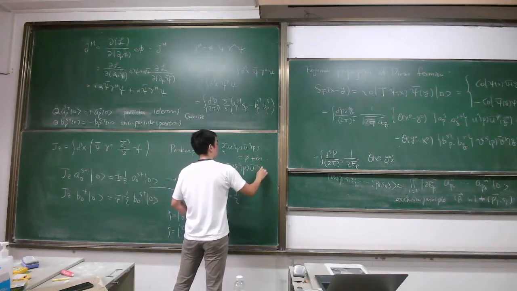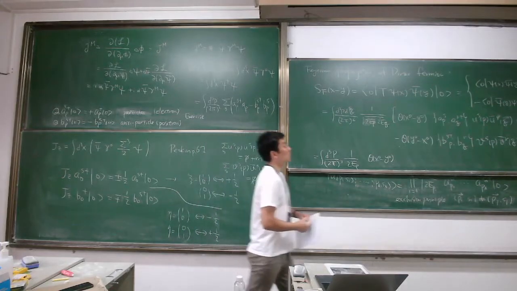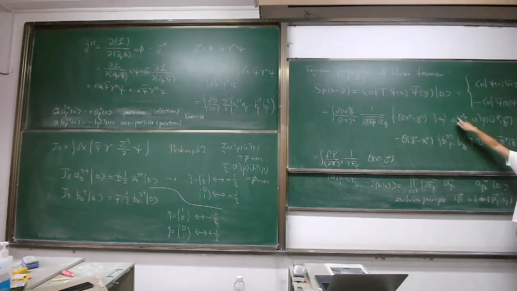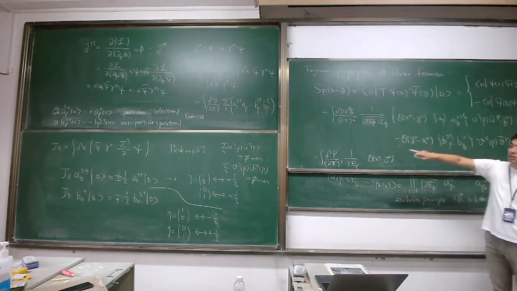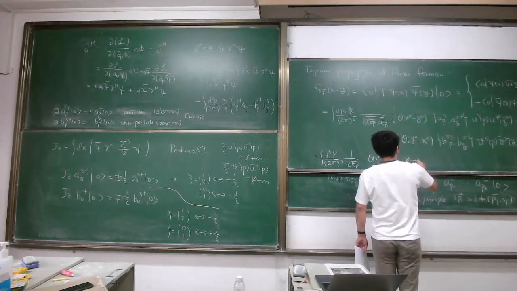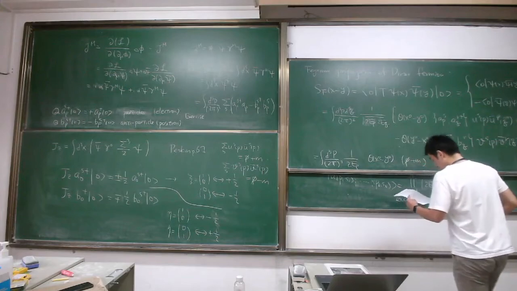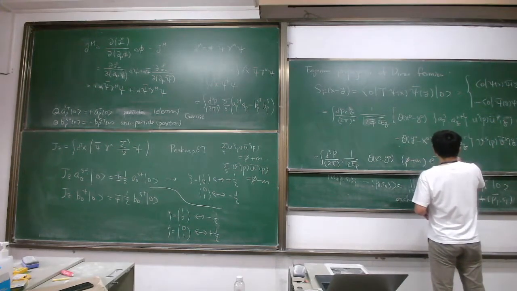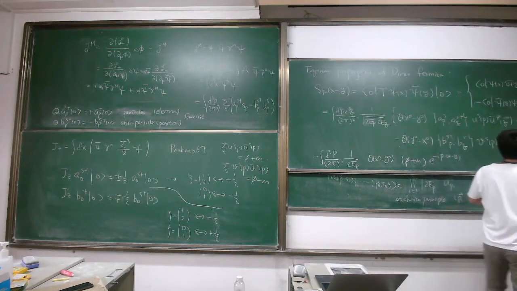So from this anti-commutation relation, we get a delta function, and then delta rs will show up. So you have to sum over spin here. That will give you this term, p slash plus m, and then e to the minus i p dot x minus y, because of the delta function here.